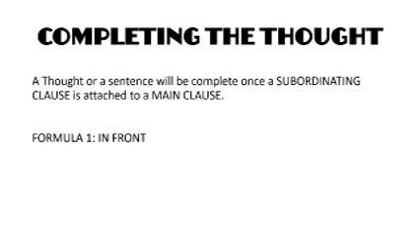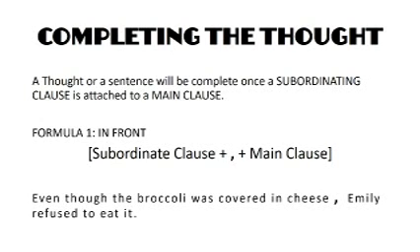A thought or a sentence will be complete once a subordinate clause is attached to a main clause. Formula 1, in front: subordinate clause plus comma or punctuation plus main clause. Example: Even though the broccoli was covered in cheese, Emily refused to eat it.